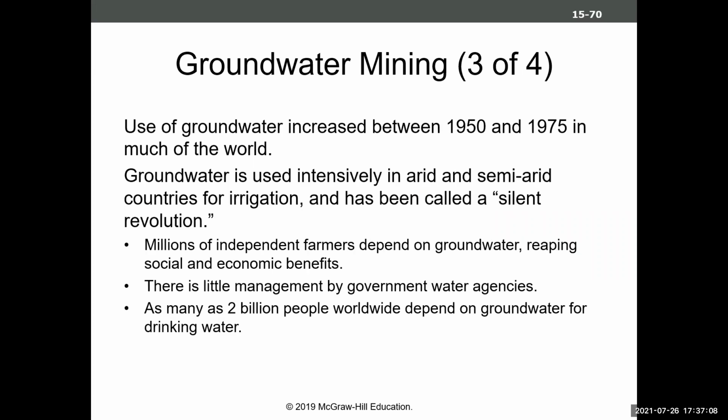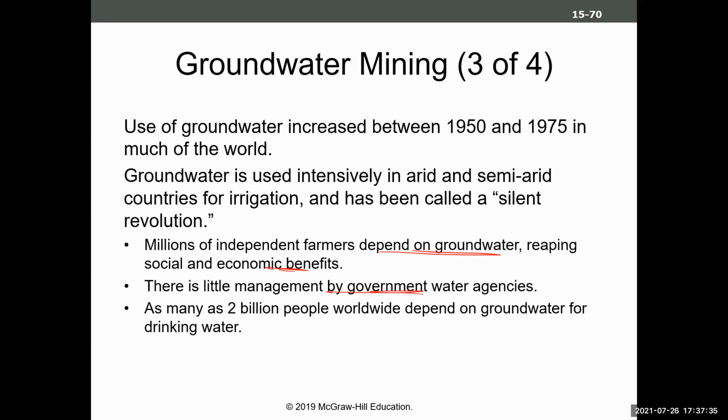The use of groundwater has increased, especially between 1950 and 1975, especially whenever you're looking at arid, semi-arid countries or states. So millions of independent farmers depend on that groundwater for generating crops to get their economic benefits. Little management by government water agencies in these places.